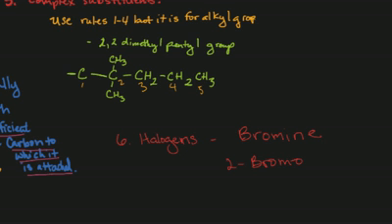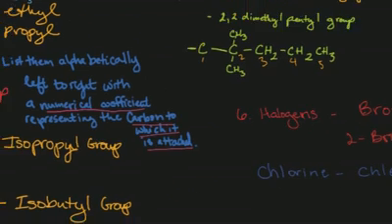Or if we have chlorine, it becomes chloro. And so forth, iodo. All right, that's basically the concept of nomenclature.